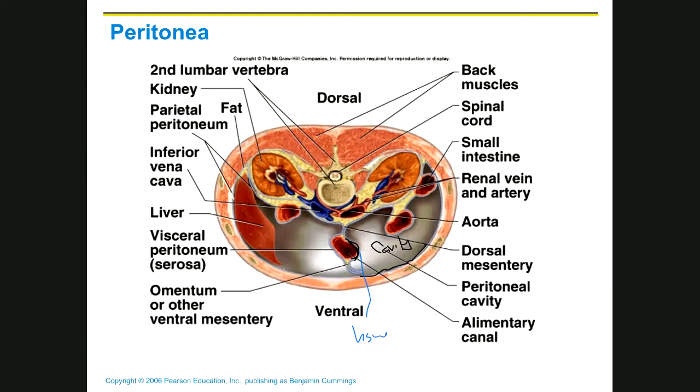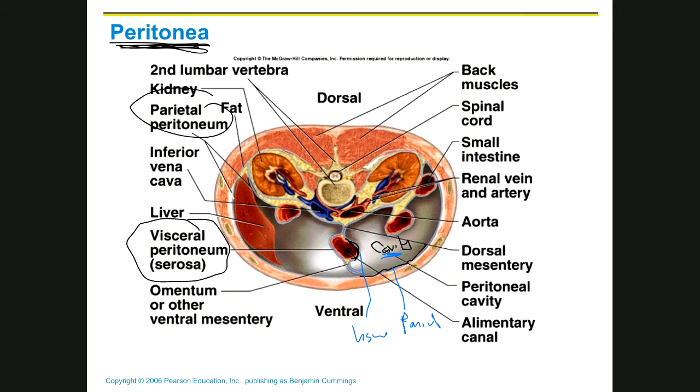That's this one. And then there's the cavity right there. But we can't call it pericardia and we can't call it pleura. Down here it's called peritoneum. So we have a visceral peritoneum, a parietal peritoneum, and a peritoneal cavity.